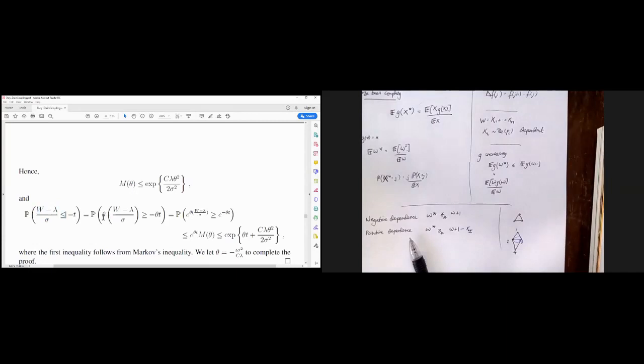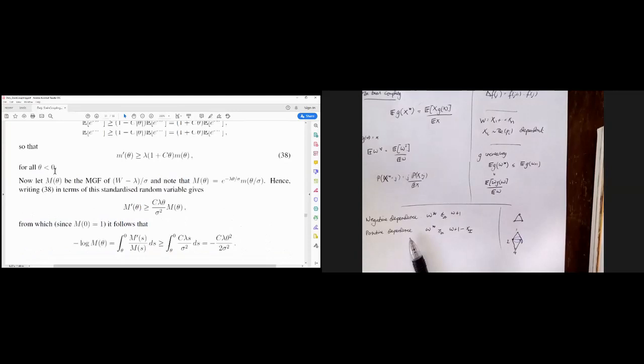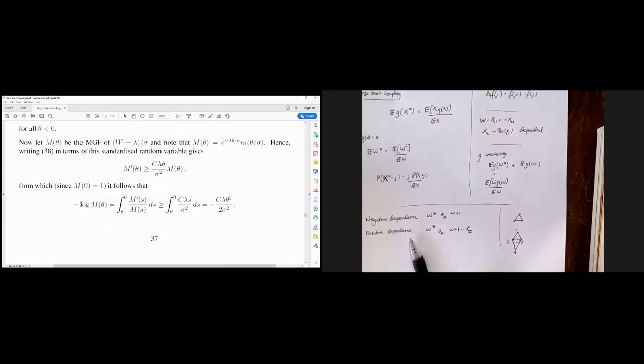So for any theta that I want, I think I'm assuming theta is negative somewhere here. I can't remember where I need this, but somewhere we'll need theta to be negative, just to make sure that we don't mess up the directions of my inequalities along the way.